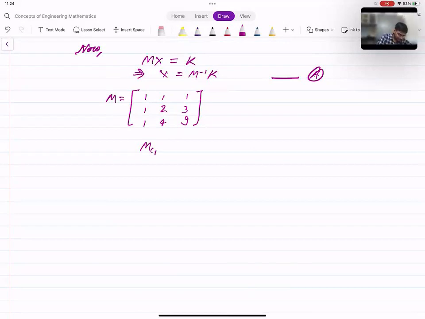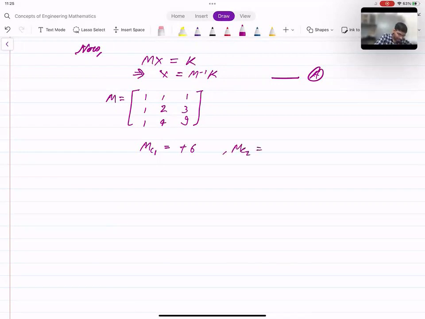This is the first cofactor. So this will be minus 1 to power 1 plus 1, that is a positive sign, and we will delete the first row and first column and then find the value of the remaining minor or determinant. That will be nothing but 18 minus 12, which is 6. So this is plus 6.